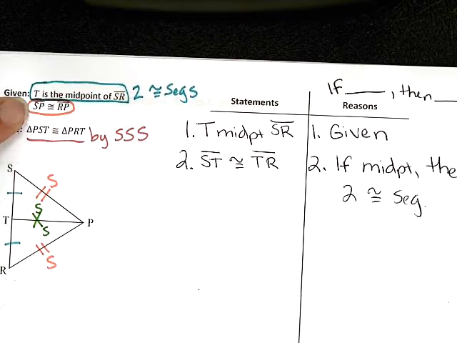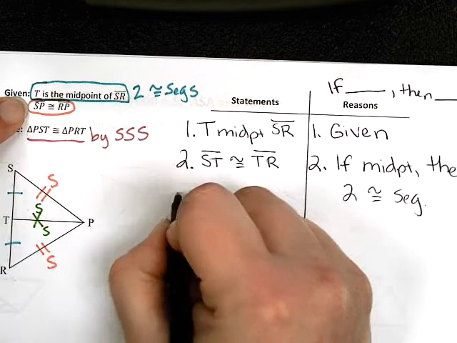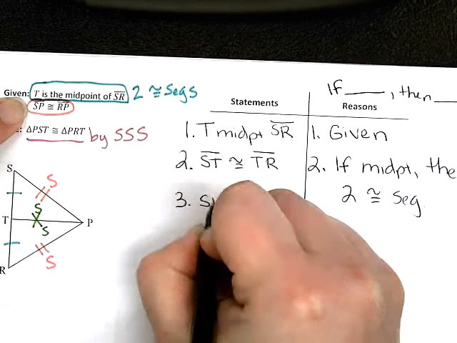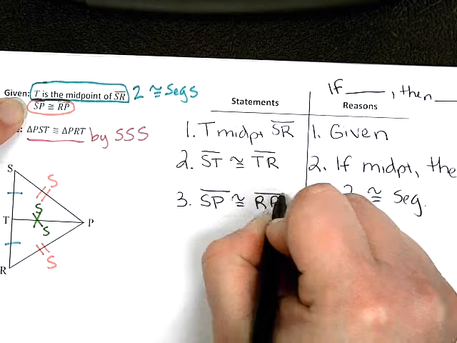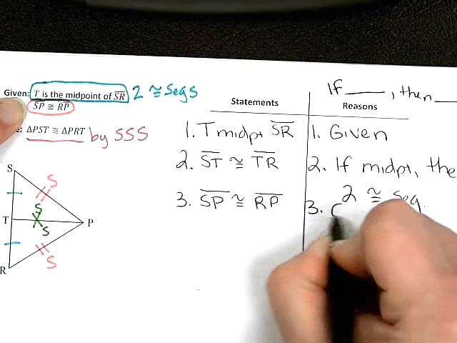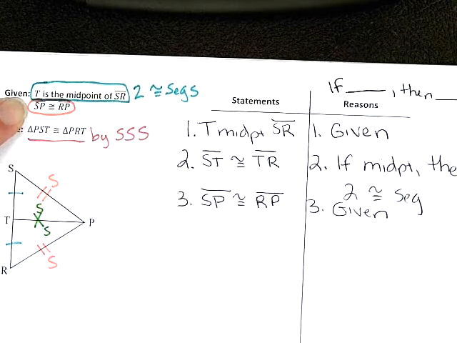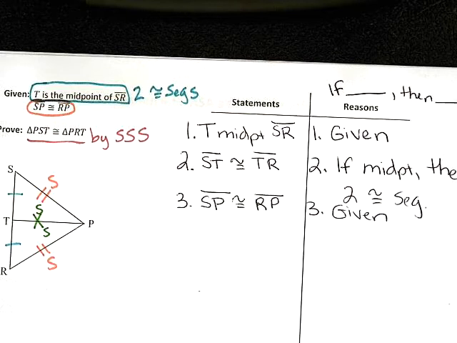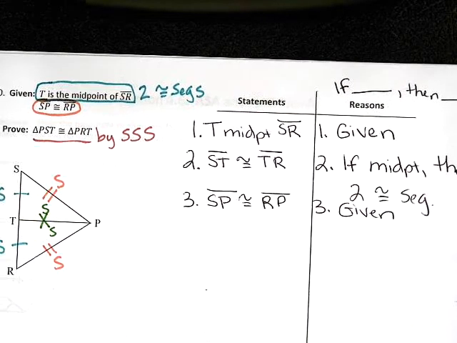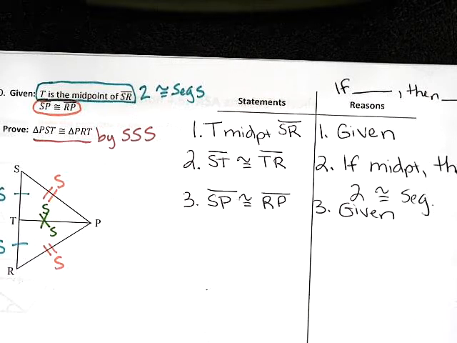Awesome. Well, then I was given that segment SP, so SP is congruent to segment RP, and that was given, right? So I can just write given. And I marked that in the diagram. I don't have to pull anything else from that, so that's cool. What else did you mark in the diagram though, guys? Right, that's only 2 sets of sides.